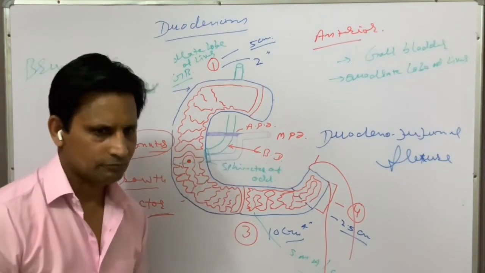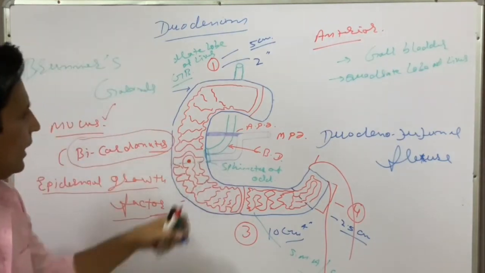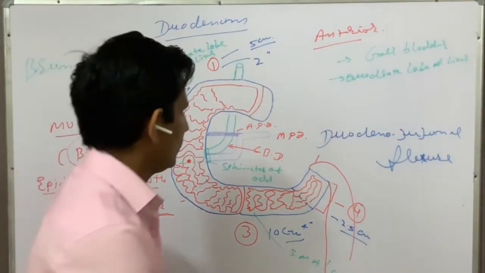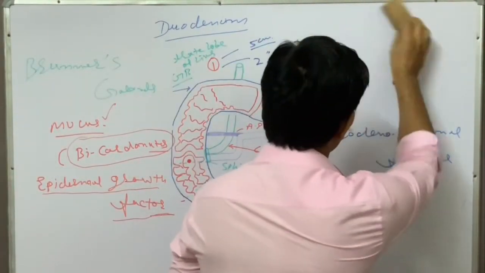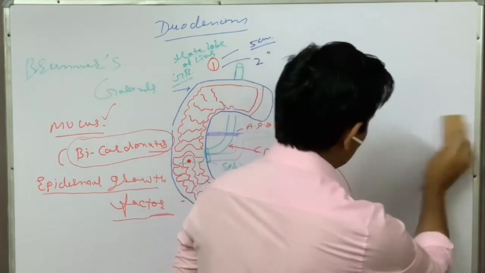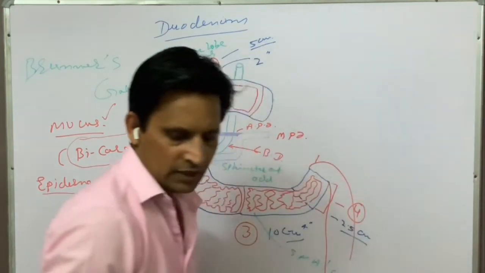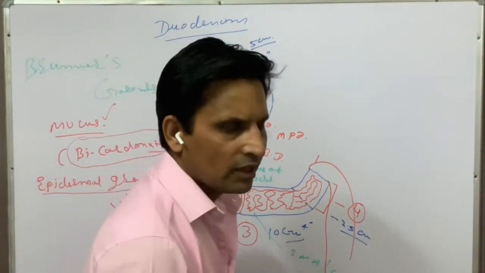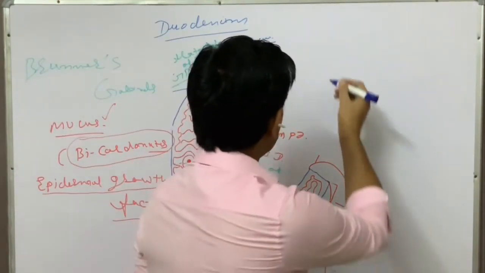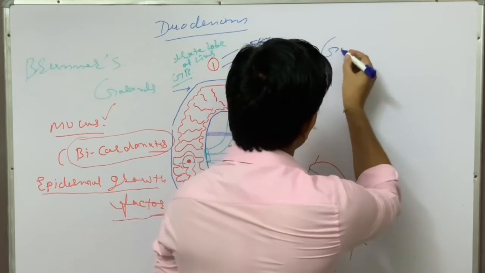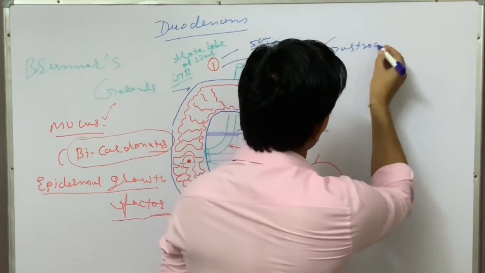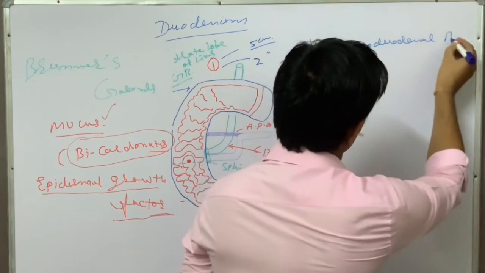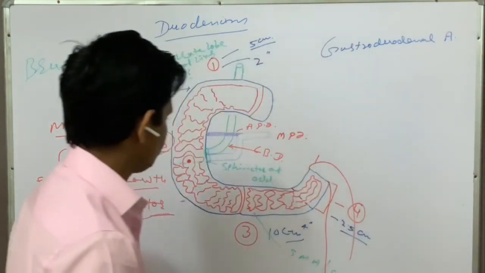Number one is the gastroduodenal artery. As we saw in the blood supply of the stomach, the gastroduodenal artery arises from the common hepatic artery. So the first branch is the gastroduodenal artery, right?